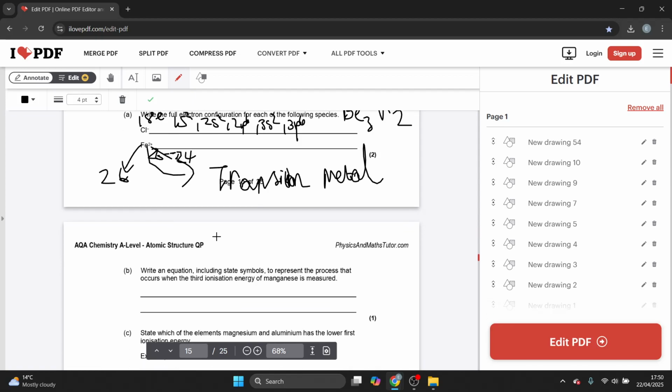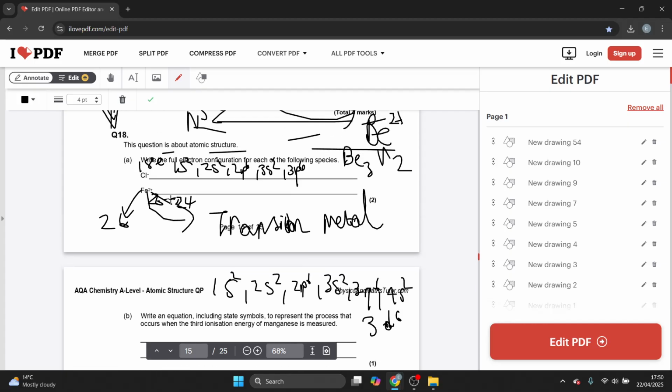But draw out the 26: 1s2, 2s2, 2p6, 3s2, 3p6, 4s2. How many have we got left? 4, 10, 12, 18, 20, so 3d6. But remember, it loses the 4s electrons before the 3d. So if it's going to lose 2 electrons, it's just going to lose those 2 electrons, and therefore it's just going to be that 3d6.